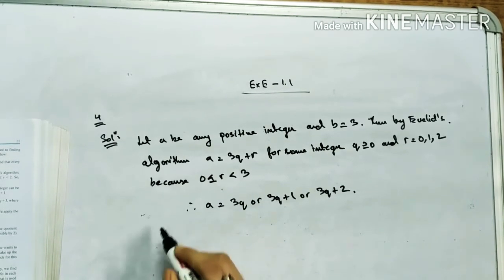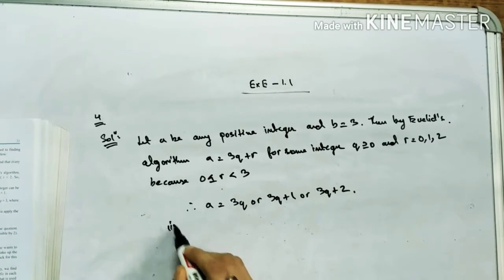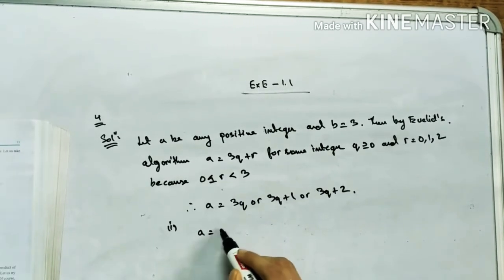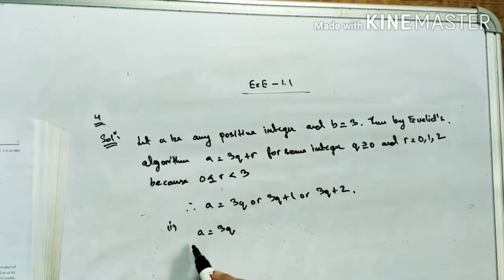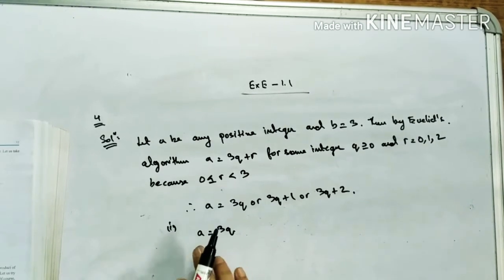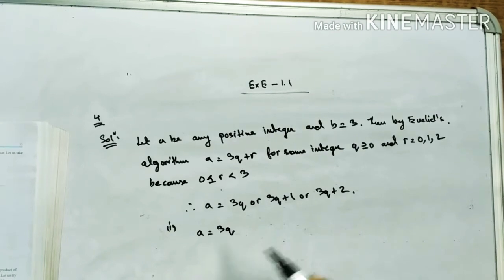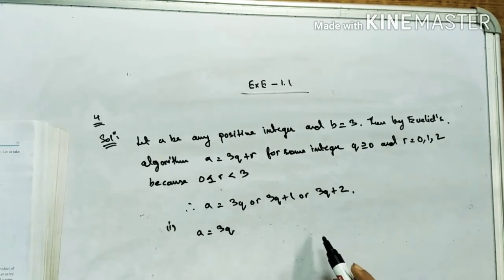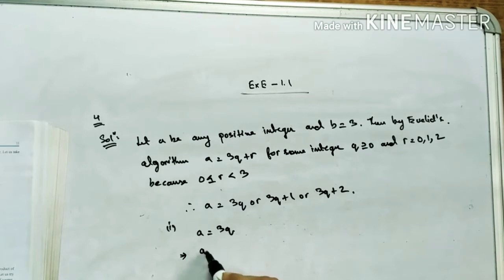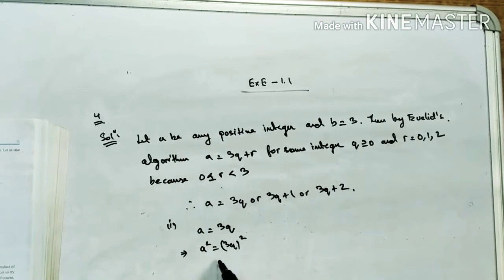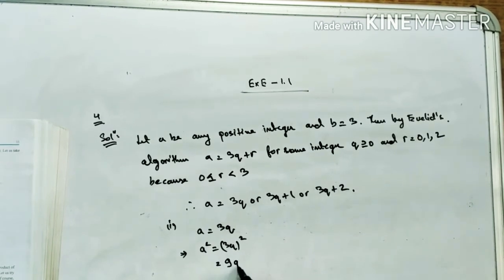Okay, so this is your first case, number 1. a is equal to 3q. I have to show that the square of any positive integer is either of the form 3m or 3m plus 1. So I will square it: 3q the whole square is 9q square.